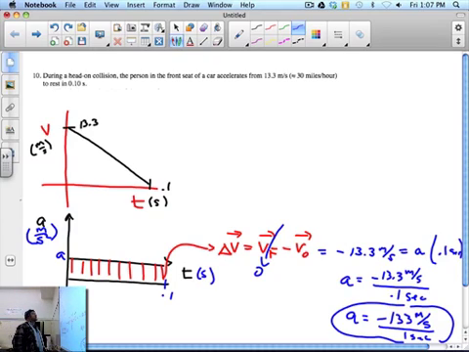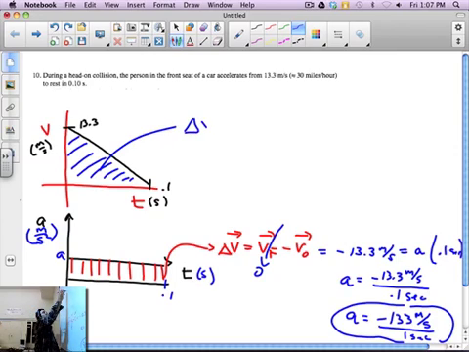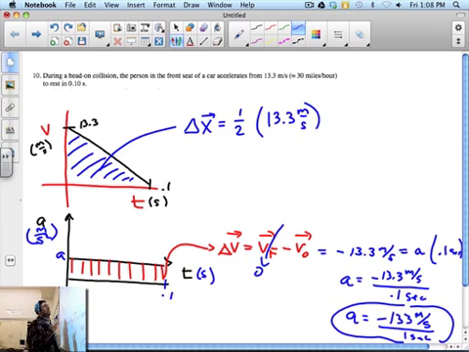Okay, let's see what else we can figure out here. Well, we've got an acceleration. We can figure out the displacement during this time, I believe. That would just be the area of this graph. See if we can figure that out. So our displacement while we're slowing down is going to be 1/2 times 13.3 meters per second times our time, which we know is 0.1 seconds.